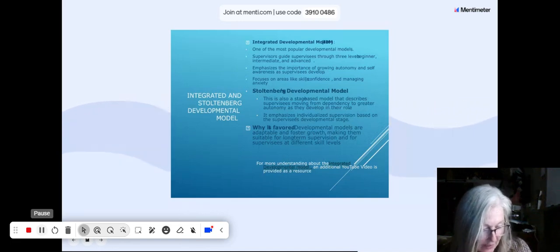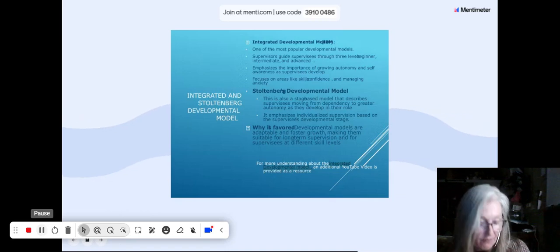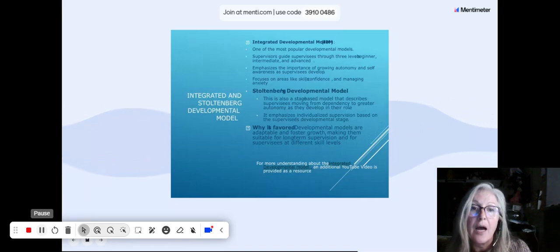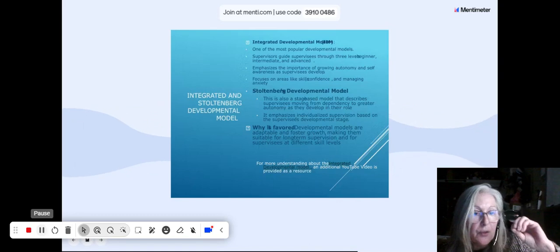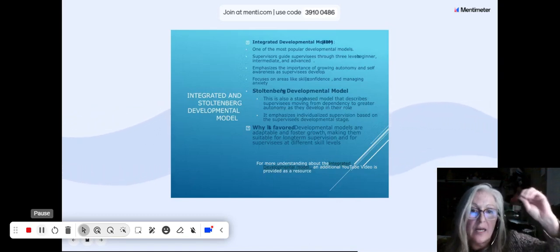And so when you think about this model, just a quick fact, it's one of the most researched developmental models, so it's very popular. It has you put into a category of beginner, intermediate, and advanced.